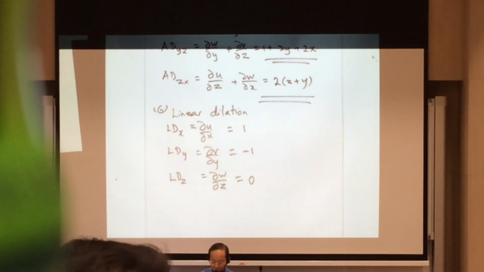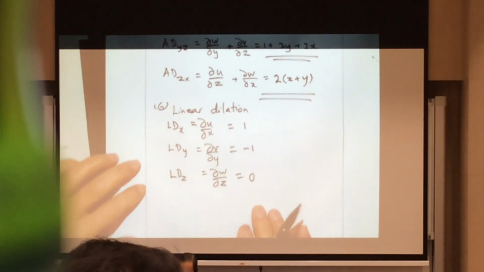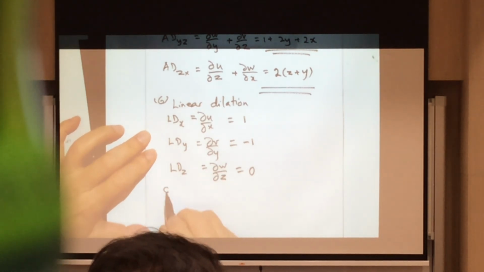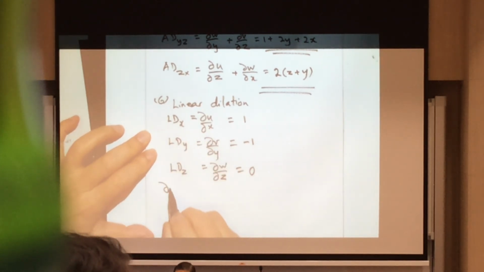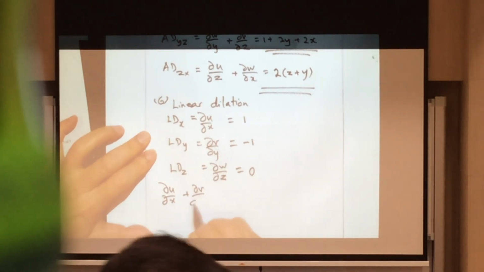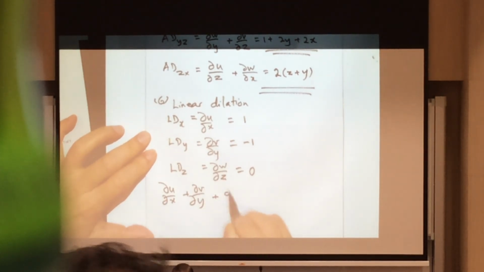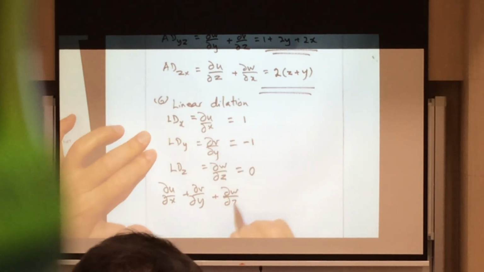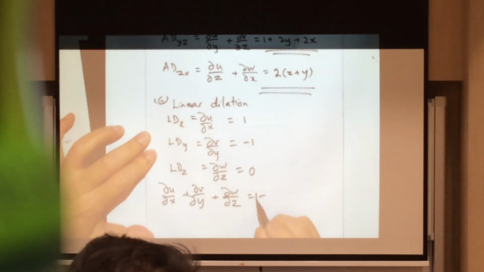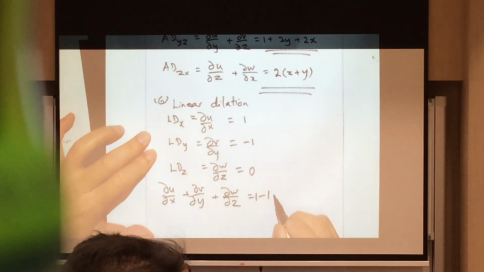So what's the net volume change? All these add together: del u del x plus del v del y plus del w del z equals 1 minus 1 plus 0.